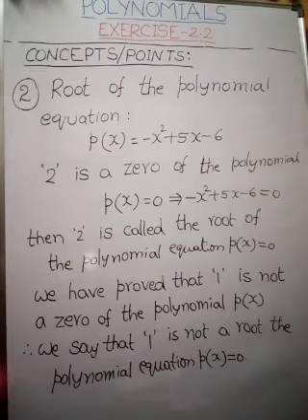If any constant is a 0 of the polynomial p of x, then the constant is said to be a root of the polynomial equation p of x is equal to 0. Understood this point, my dear children? Right.